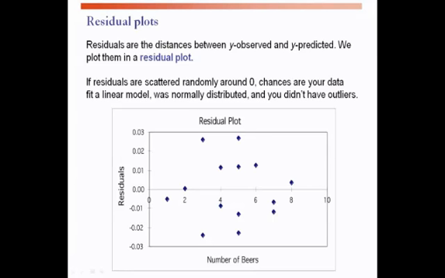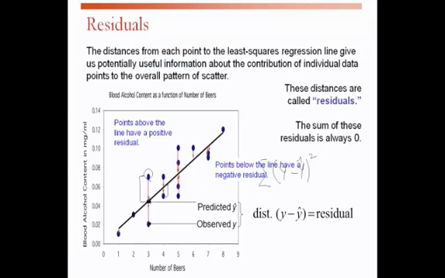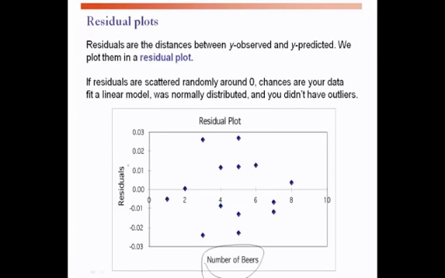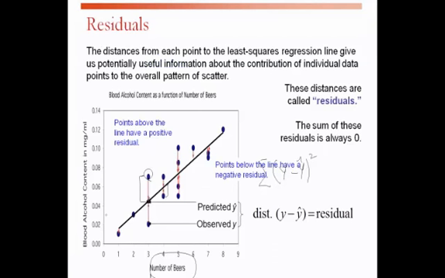So for the line I showed you on the last page, I drew the residual plot. The x-axis here is the same x-axis that I have here. The y-axis is the residual, which is the difference between the point and the line. Take a look at the first point. Would you agree that this residual is going to be negative, because the value is below the line?